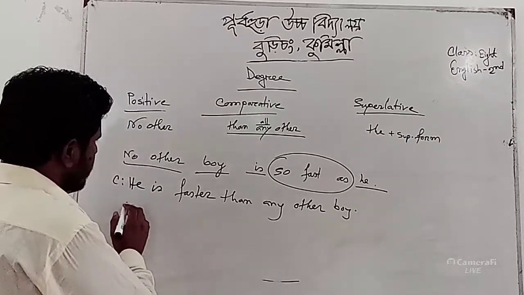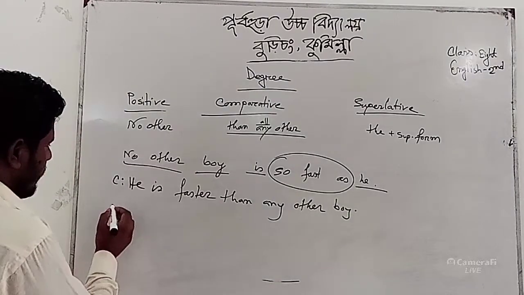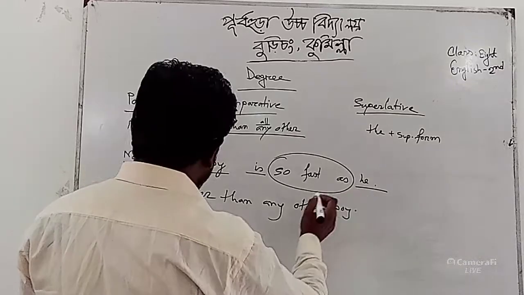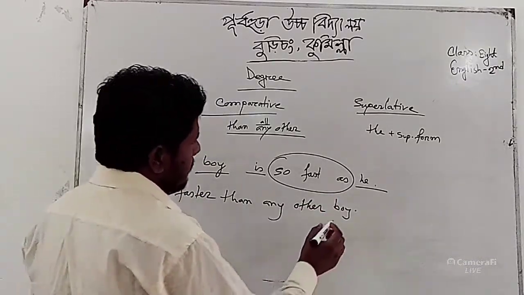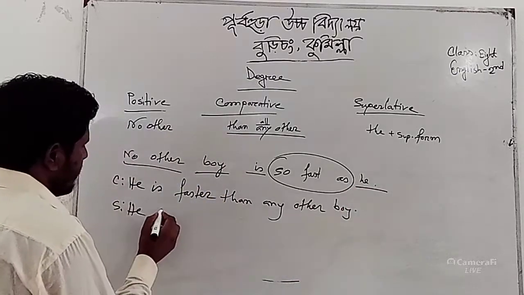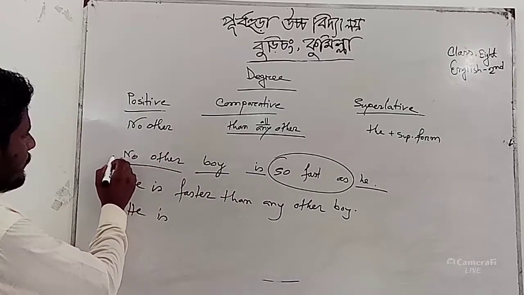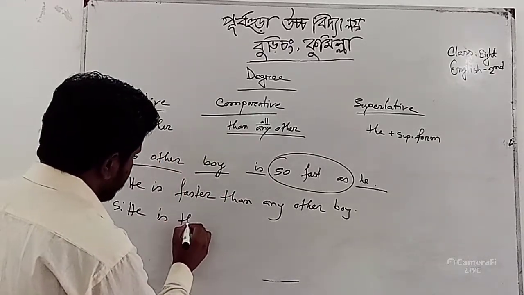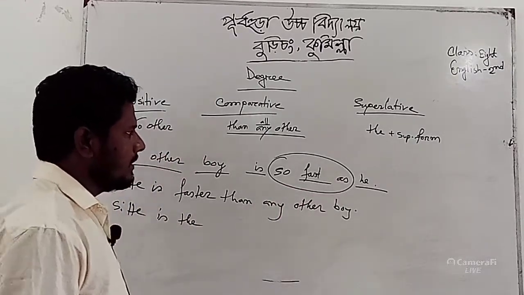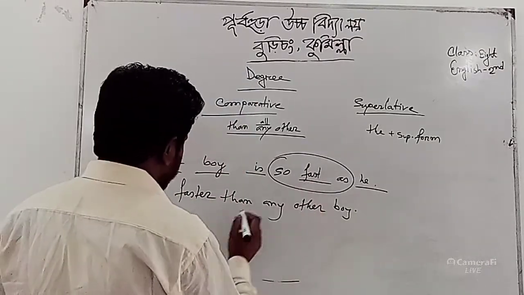If we change it from positive to superlative, then we should do it like this. In comparative and superlative, the structure remains the same: he, and then the verb "is". Looking at the very beginning, if there is "no other", then we have to write "the", and then the superlative form of fast. We know from the first video that it will be "fastest".